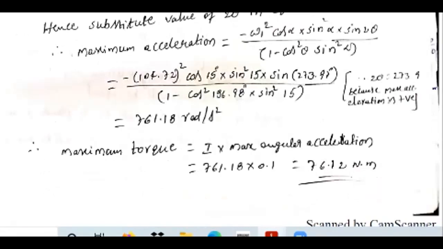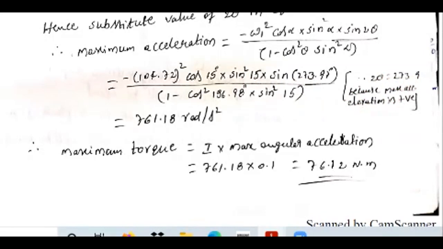The known values omega 1, alpha and theta are substituted in the equation. For the maximum acceleration, 2 theta is taken at the maximum value, since theta lies in the first or fourth quadrant.